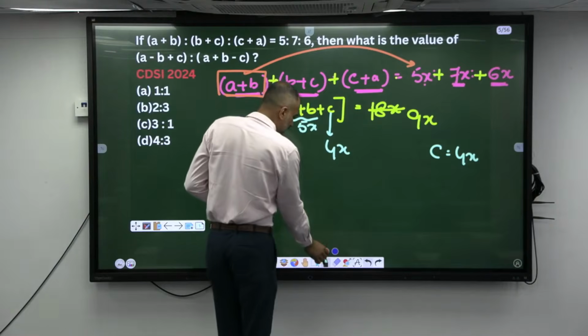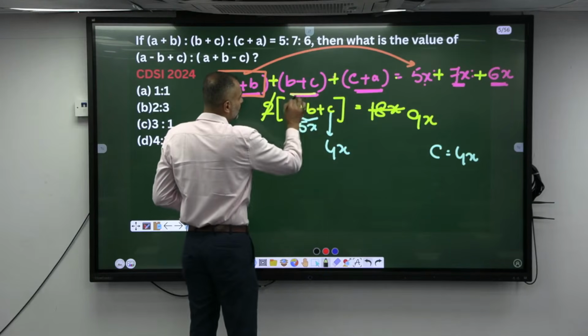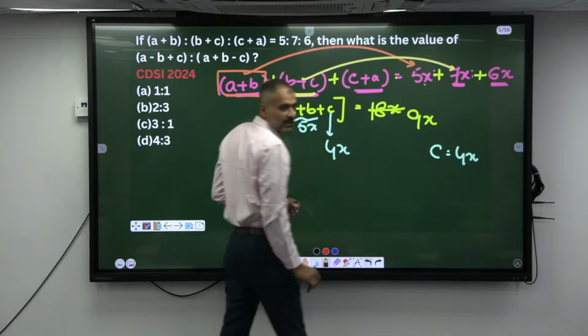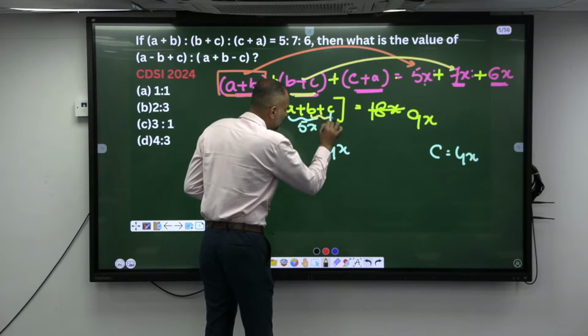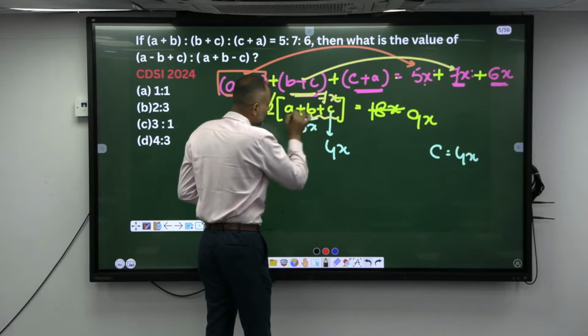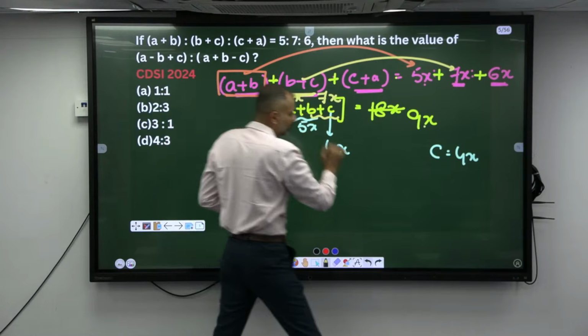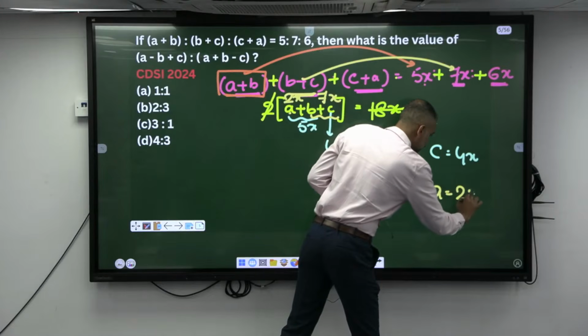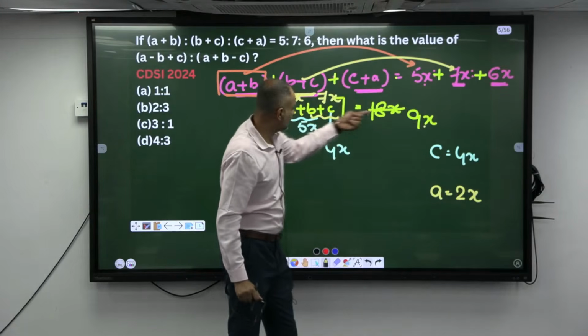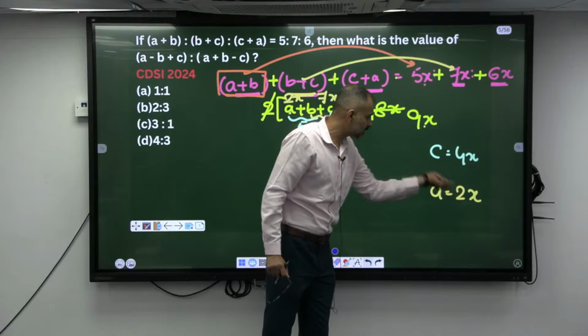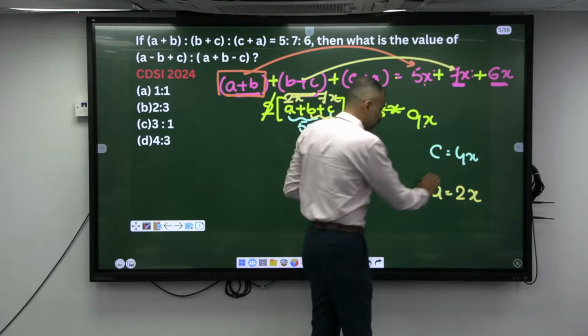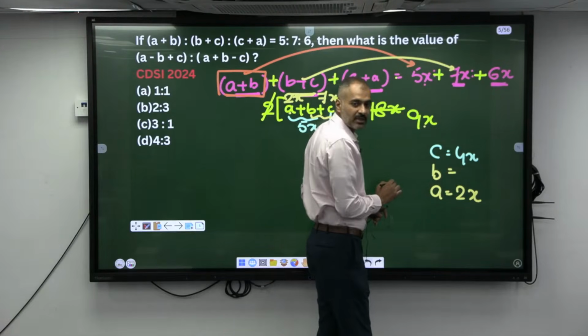Similarly, B plus C value is equal to 7x. If B plus C is 7x, A has to be how much to make it 9x? 2x. So A is equal to 2x. A plus B plus C is 9x. With A 2x and C 4x, how much must B be here? 3x.